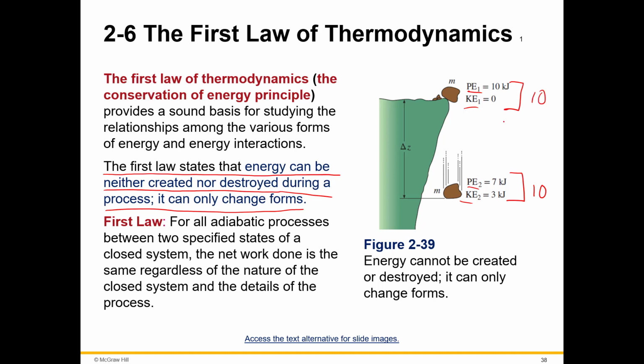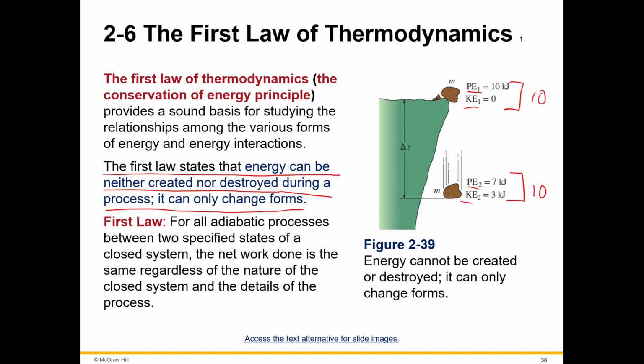We don't have any more energy. We don't have any less energy. We didn't create anything. We just changed the energy. That's it. And we do that using windmills, turbines, when we are extracting energy out of fossil fuels to make fuel to then use for shaft work in our car. It's going through so many different types of processes.